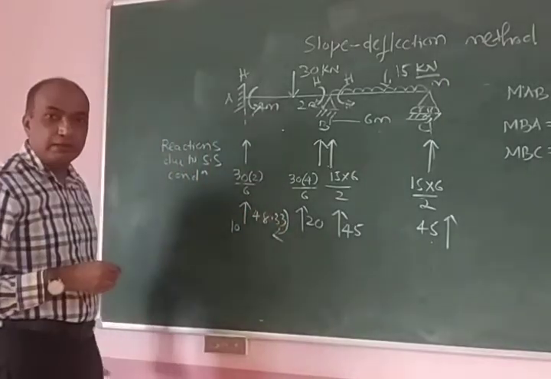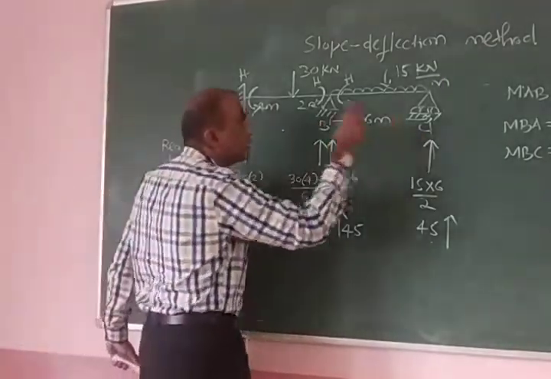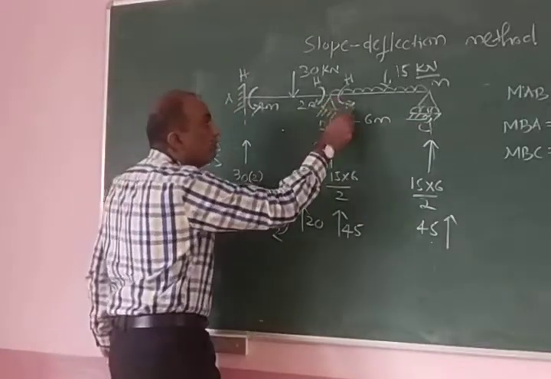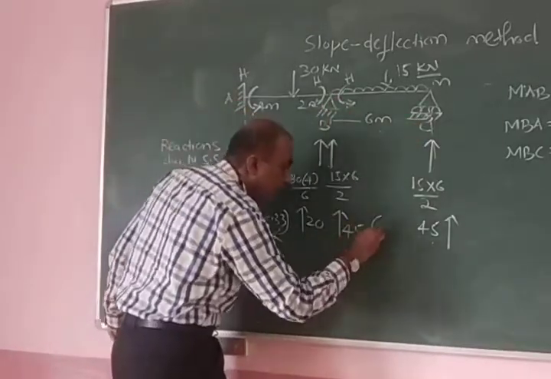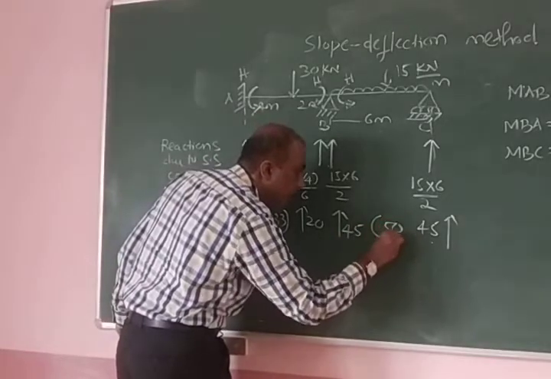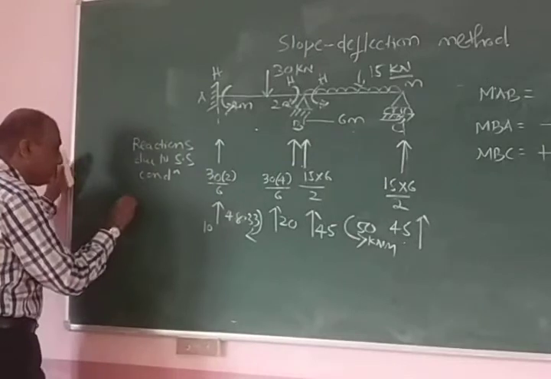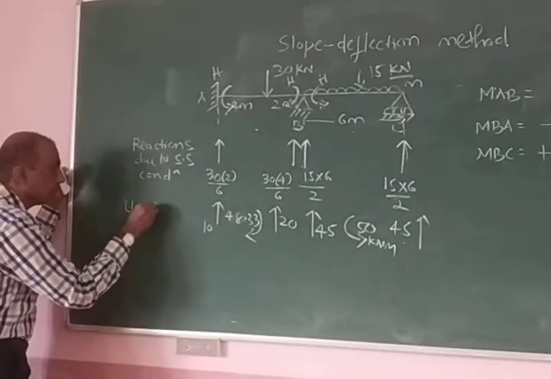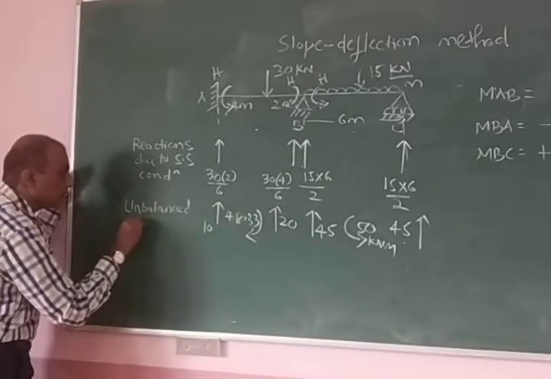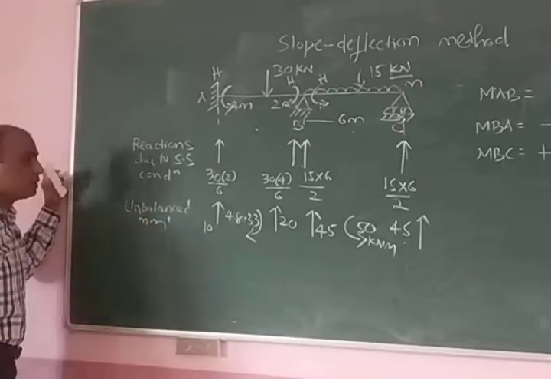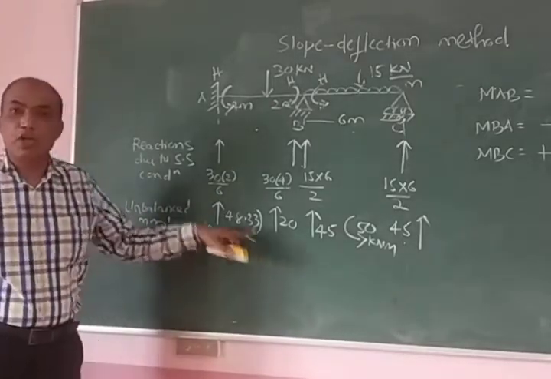48.33 kilonewton meter. Now, the moment here is how much? Only 50 and 0 here. So it is anti-clockwise 50 kilonewton meter. So these are moments. They are called unbalanced moments. So these unbalanced moments are to be balanced.